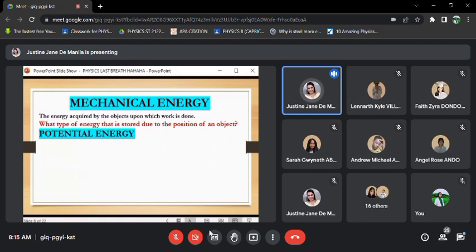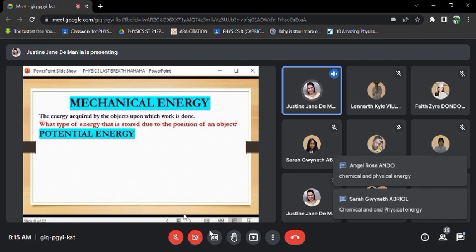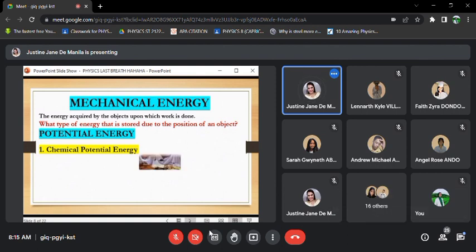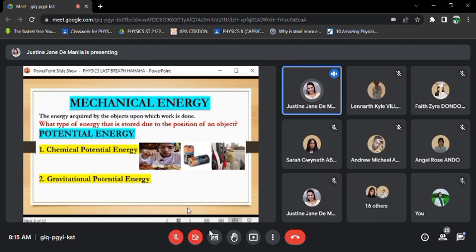What are the two types of potential energy? Okay, chemical and physical energy. Yes, very good, Angel Rose and Sarah. So we have chemical potential energy and the gravitational potential energy, or the physical potential energy.